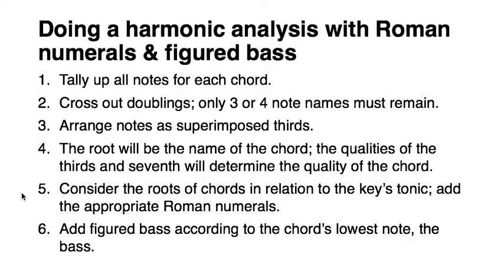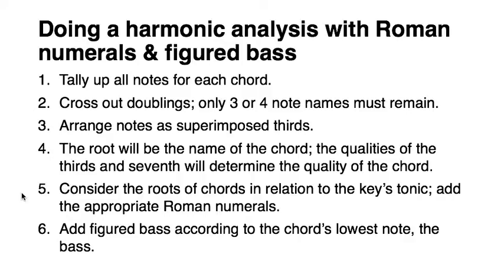You're going to cross out the doublings, if you should end up with only 3 or 4 note names, depending on if it is a triad or a 7th chord. Then you're going to arrange these note names as superimposed thirds, one third away from each other. You should be able to do those things if they are in fact triads or 7th chords. This will give you the root of each chord, and you'll also find out the qualities of each chord by analyzing the qualities of the thirds.